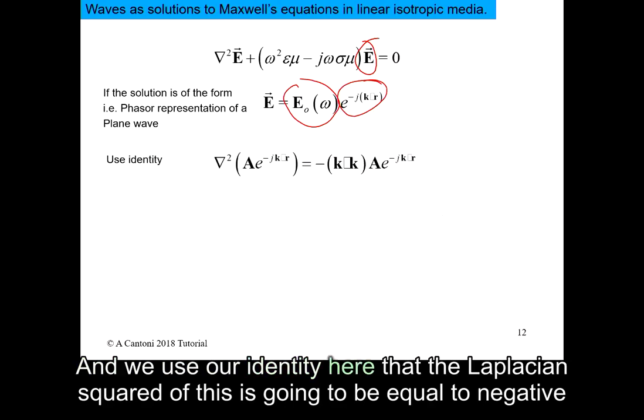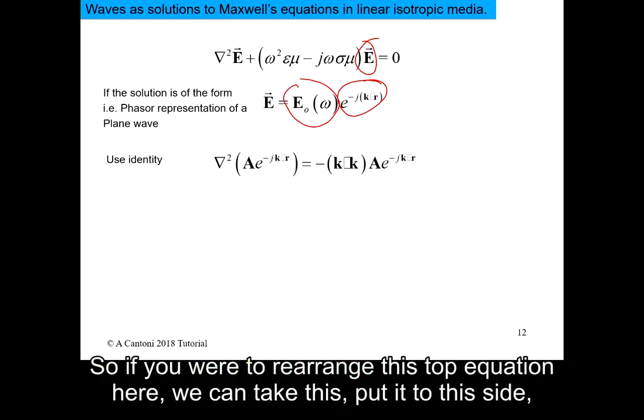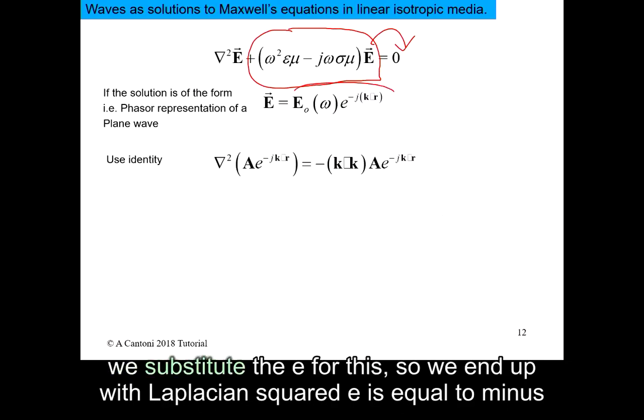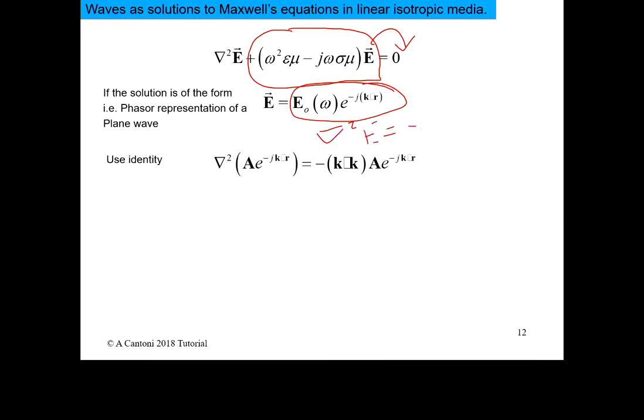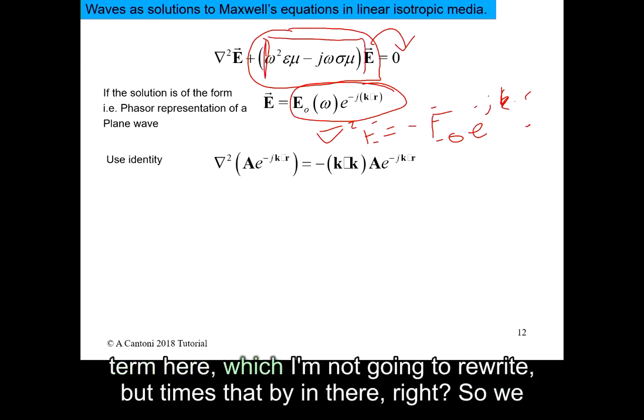And we use our identity here that the Laplacian squared of this is going to be equal to negative that. If we rearrange this top equation, we substitute the E for this, so we end up with Laplacian squared E equal to minus E naught times K dot R times this term here, which I'm not going to rewrite.